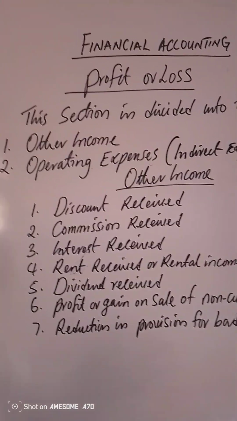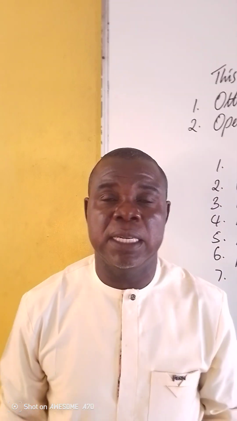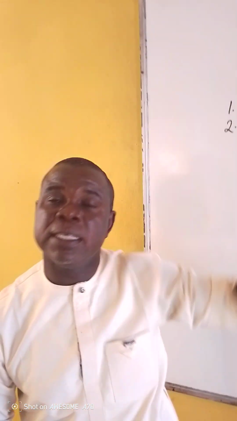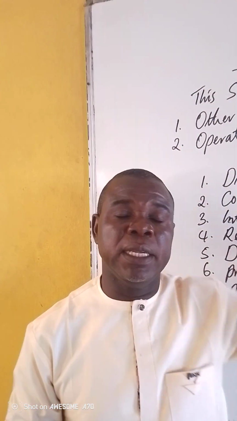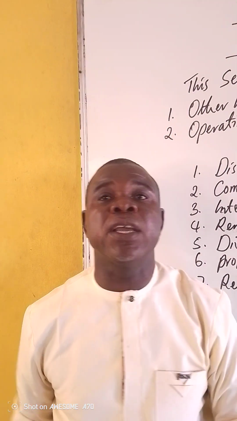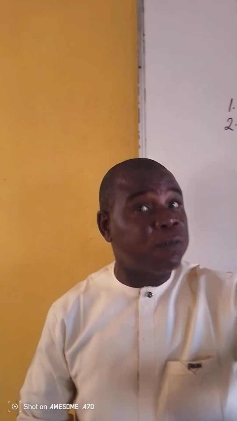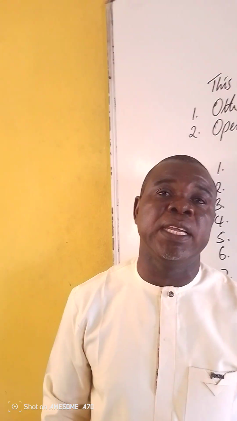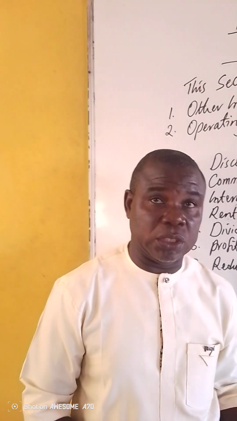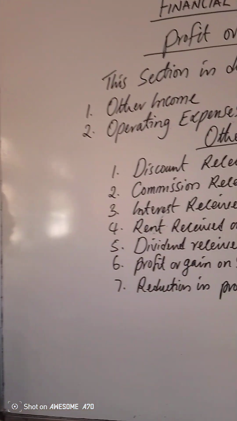Mind you, the key income in accounting is sales, and that is addressed in the trading account. So other income will come under profit or loss. As you get your gross profit, that is the end of trading. Anything that comes after gross profit is not trading, but profit or loss. So that is why we are now on profit or loss.